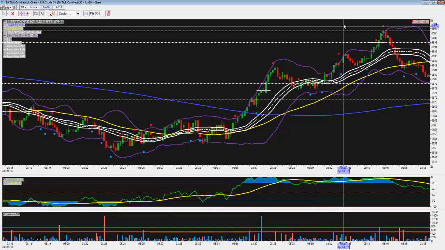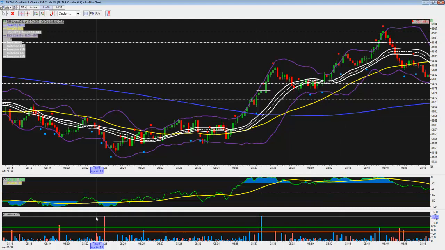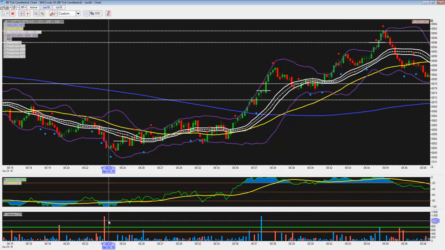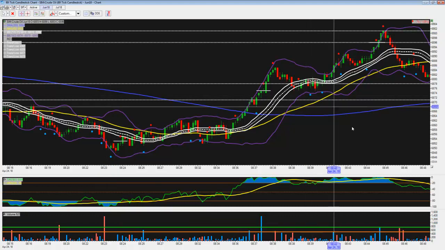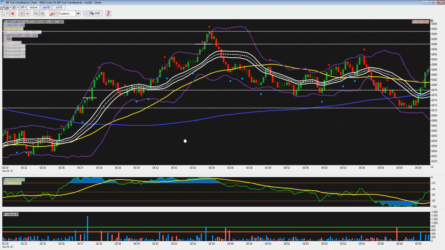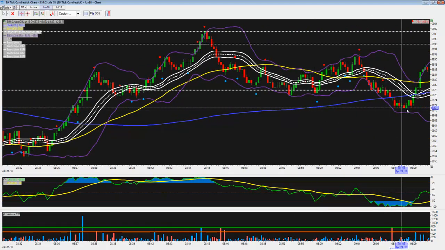And there's our previous, and this is the bar that comes in later, but it's not the highest volume bar. So these are the bars that we're looking at right now. Short below, long above.